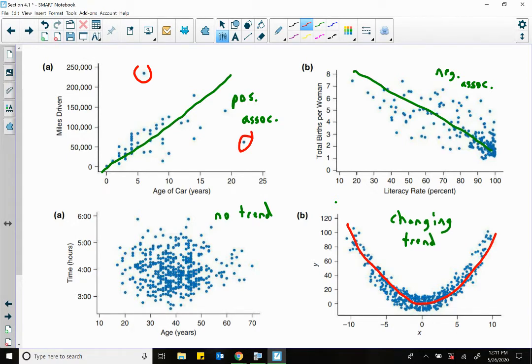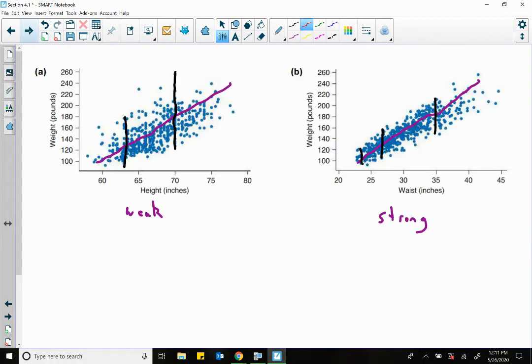Interesting. Okay? So what this is saying is people that are illiterate have lots of babies. People that are not illiterate have fewer babies. Okay? It's kind of the idea of this. See, again, I'm talking in terms of the data. So that's what 4.1 is all about.